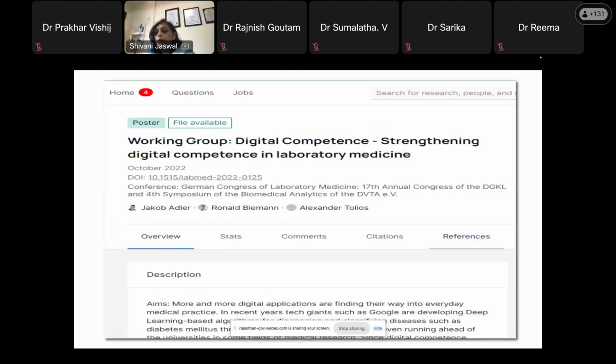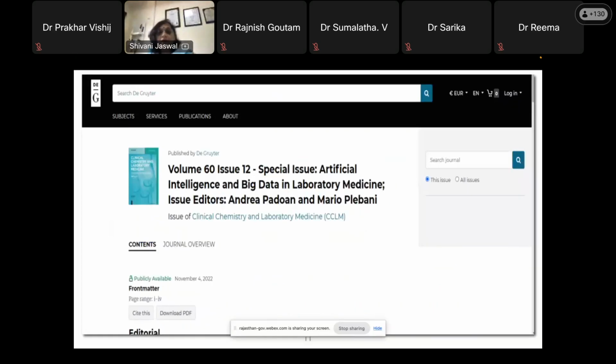A working group on digital competence has also been formed by the German Congress of Laboratory Medicine. In fact, a special issue on artificial intelligence and big data in laboratory medicine was brought out in the year 2022 by Clinical Chemistry and Laboratory Medicine. So all associations across the globe, everybody is working, identifying various applications of these AI tools that can be utilized in our labs.